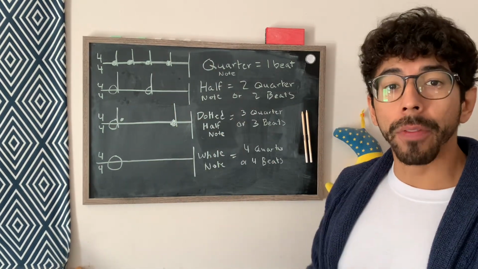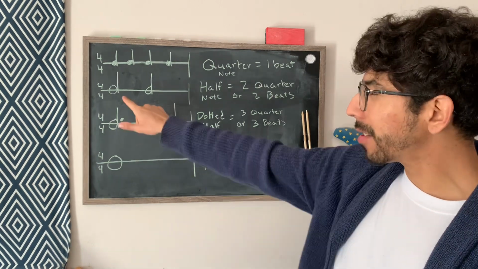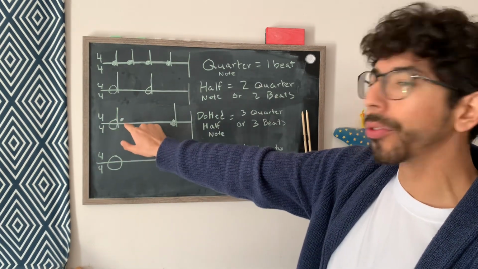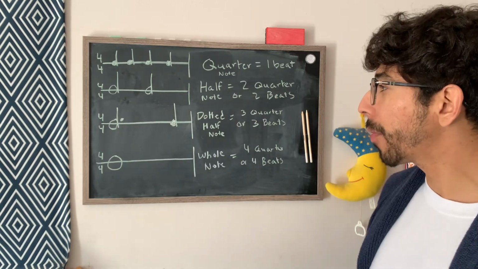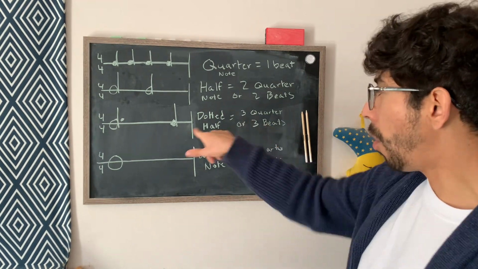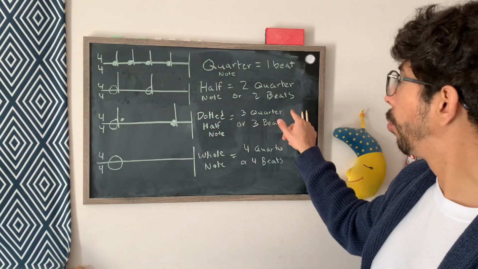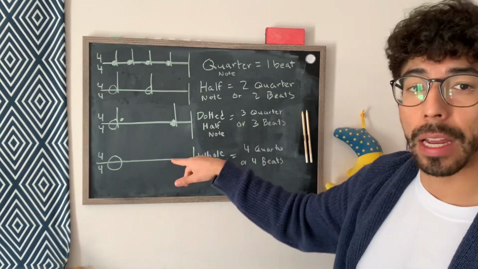And the next note value is called a dotted half note, and it's just like a half note, except there's a little dot to the right of it. It's easy to miss, so be careful with that one. What that one represents is 1 dotted half note equals 3 quarter notes, or it can equal 3 beats in this case.